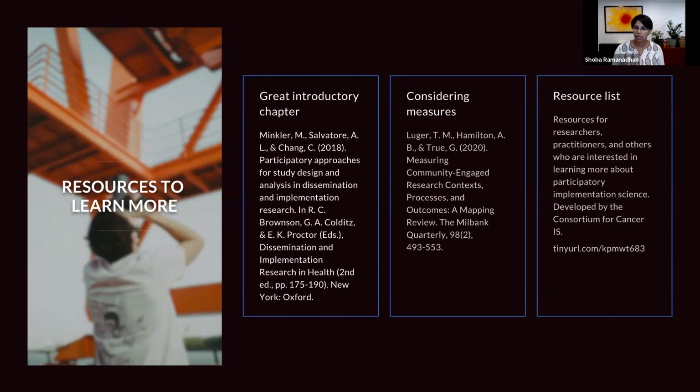And then finally, the Consortium for Cancer IS has put together a really nice resource package through the Community Participation Working Group. This is a set of resources for a wide range of audiences. So there's stuff for researchers, practitioners, and others who are interested in learning more about participatory implementation science. And the link is provided here.